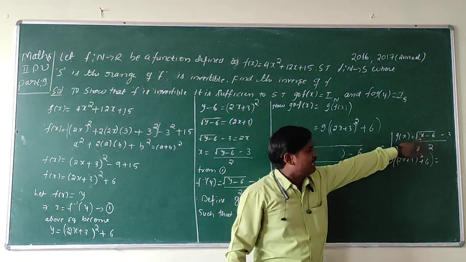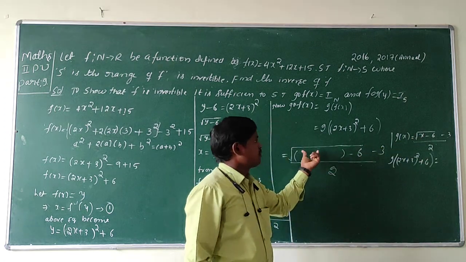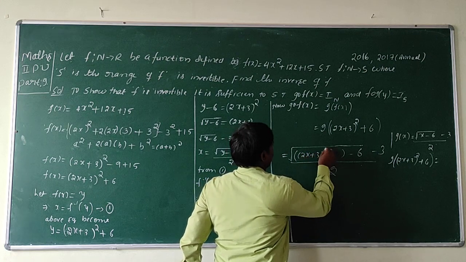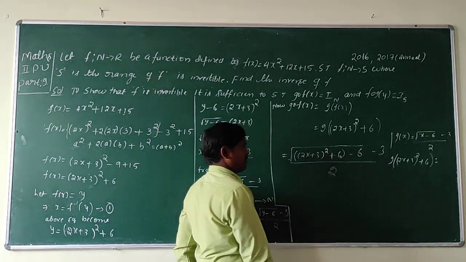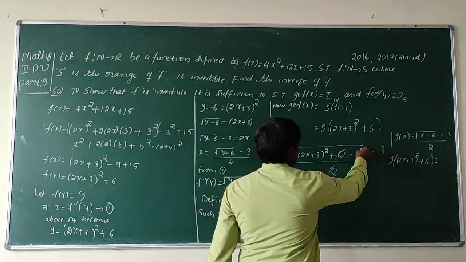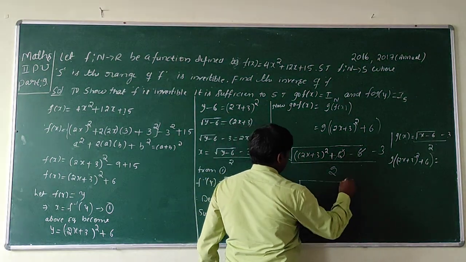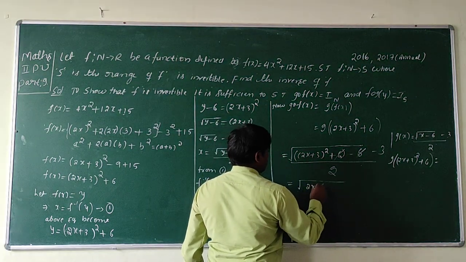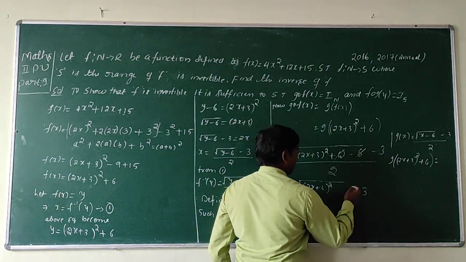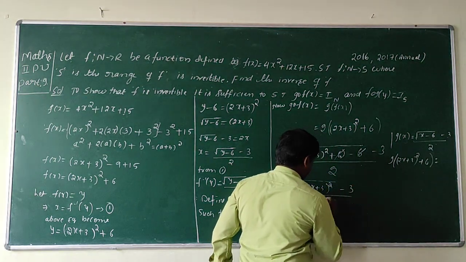G of x is like this, so we put the input here, that is 2x plus 3 whole square plus 6. Now we are going to simplify this. Minus 6 plus 6 get cancelled. So we are left with 2x plus 3 whole square, minus 3, divided by 2.